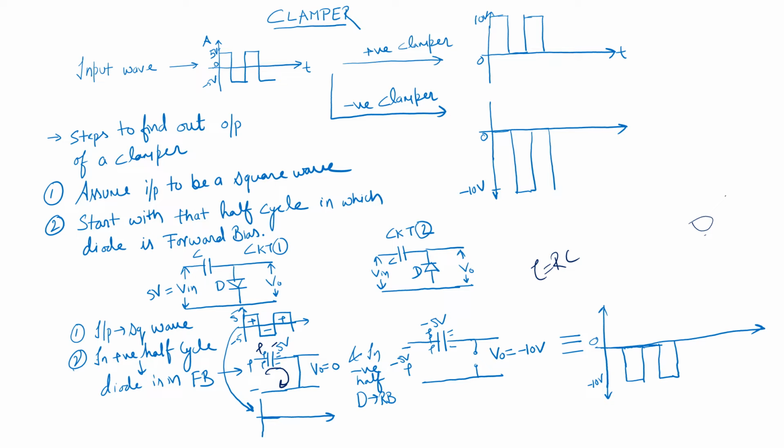So in next half cycle, that is negative half cycle, what will happen? The diode is open circuited in reverse bias, so the capacitor will not discharge, and the capacitor will behave like a battery source.